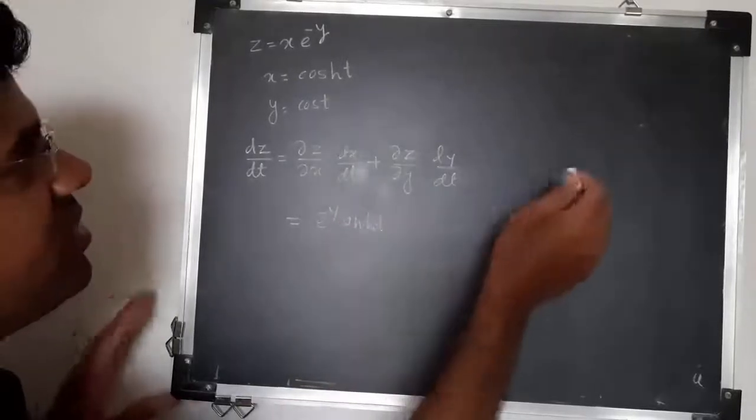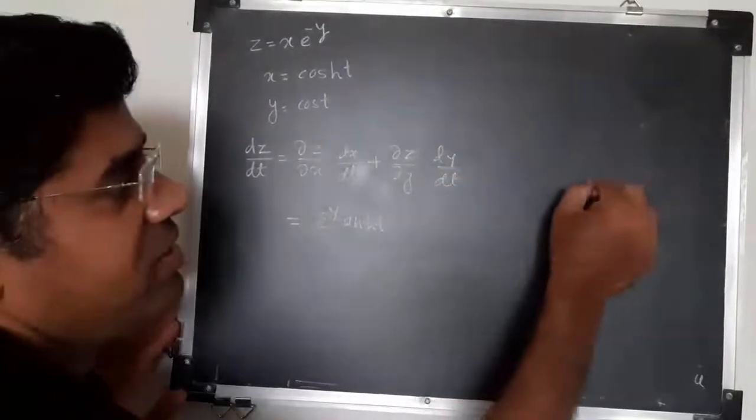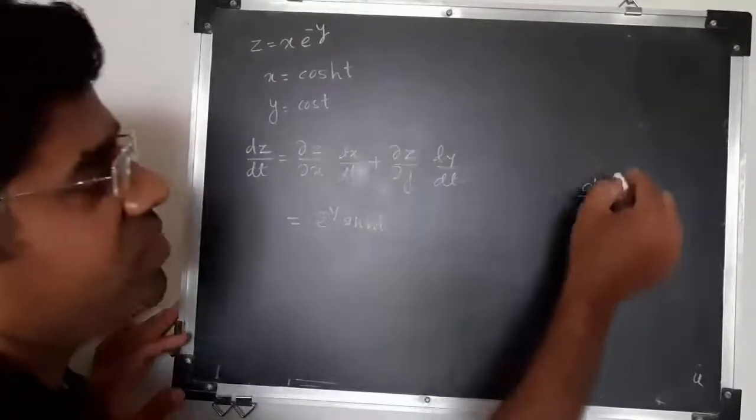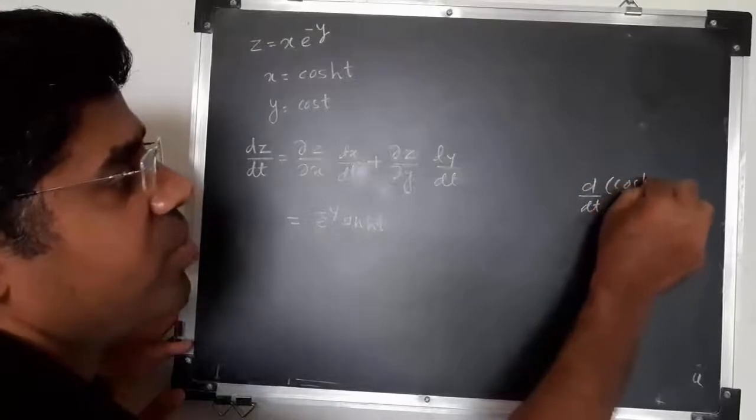How is this possible? So we know, suppose this is d/dt of x, what is it? cosh t.